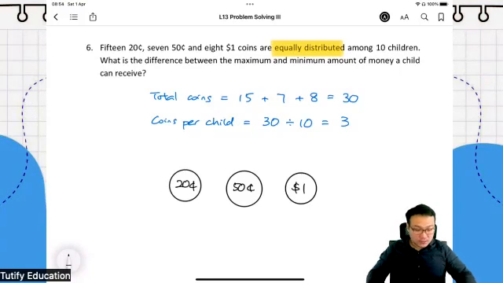Yes. Okay, so if you're very lucky, all your coins is $1, then how much money do you have? $3. Correct. But if you're very unlucky, then all your coins will be which coin? 50 cents. Yes, and how much money will you have?